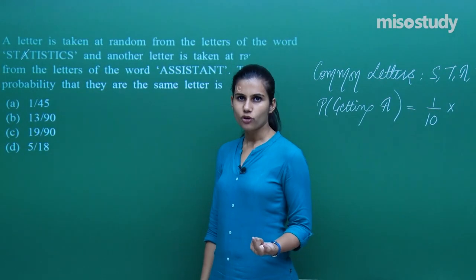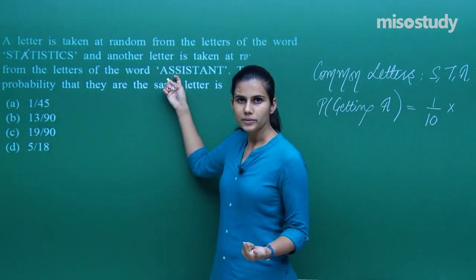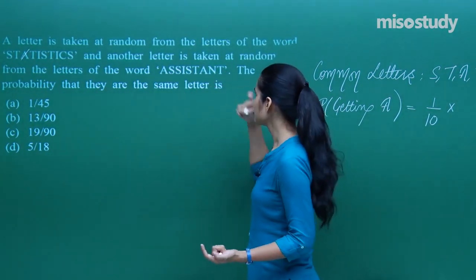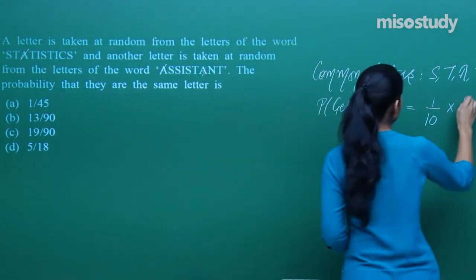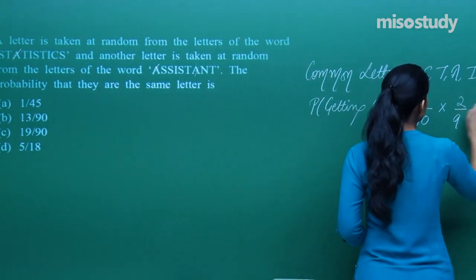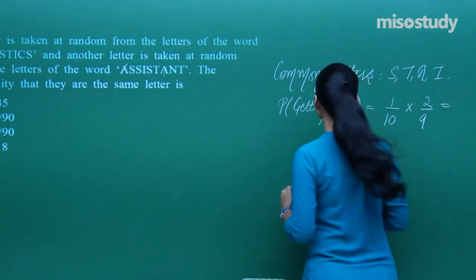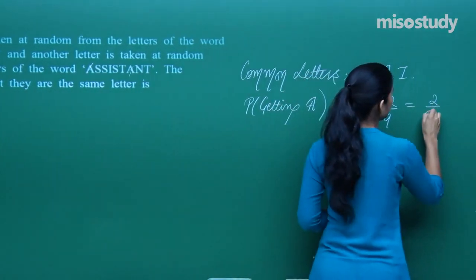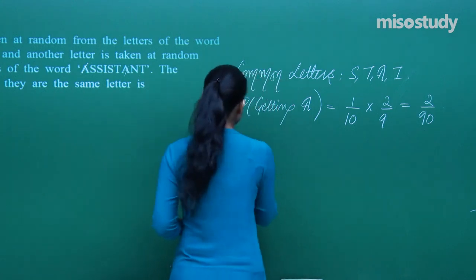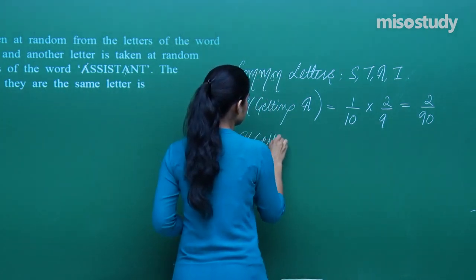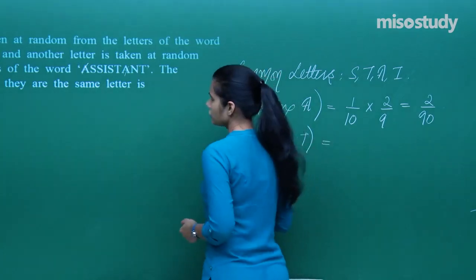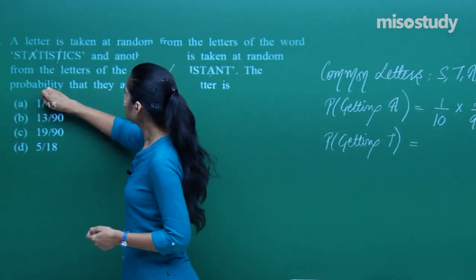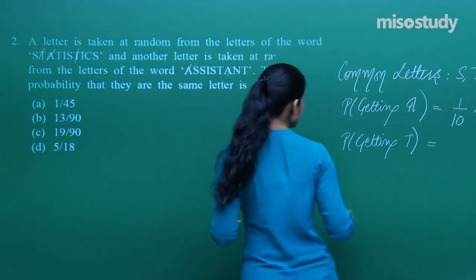And again you are withdrawing a letter here from this word basically, and there are 9 letters over here, and you can get A in 2 ways. So 2 by 9. And therefore, getting A in both the withdrawals is happening in 2 by 90 ways. Similarly, probability of getting T. Now, T over here you can see is 1, 2. 2 T's are there, so 2 by 10.